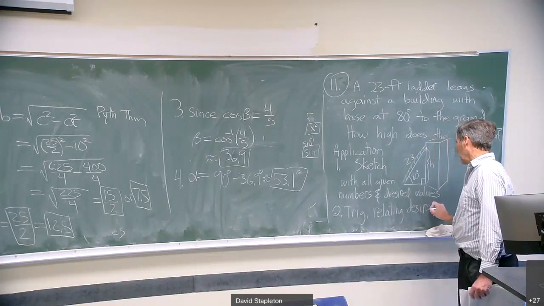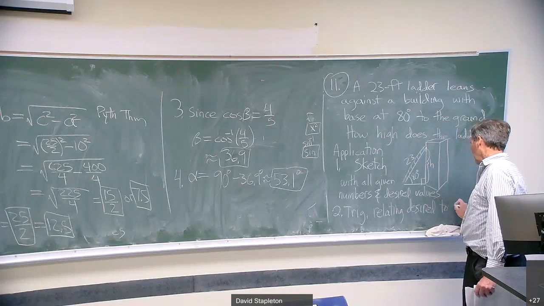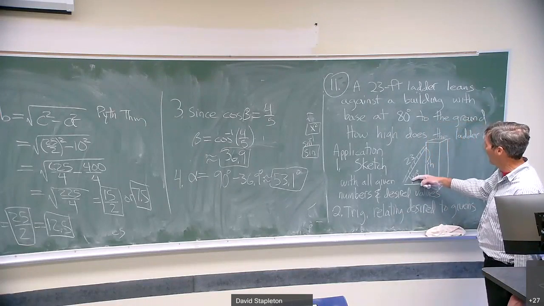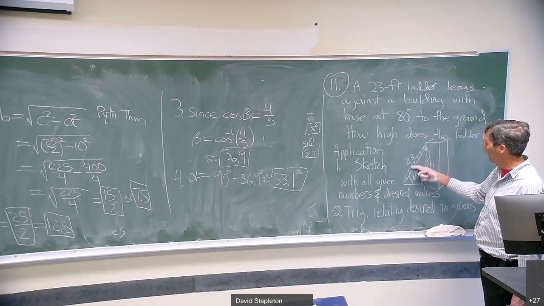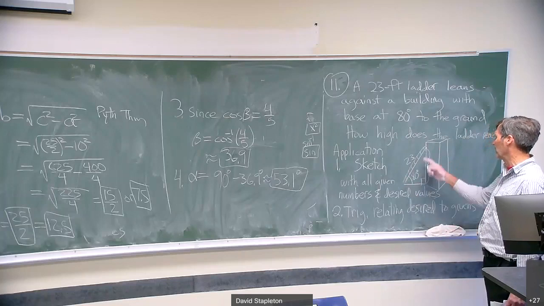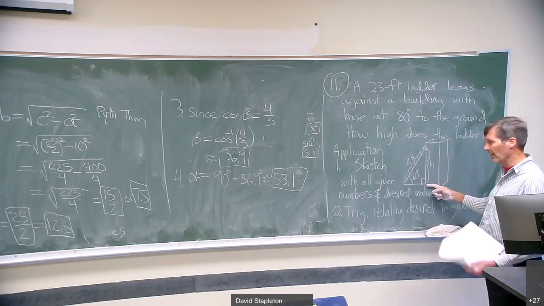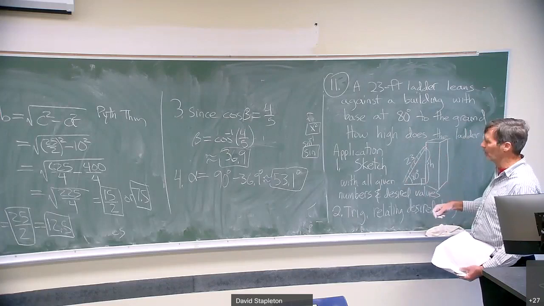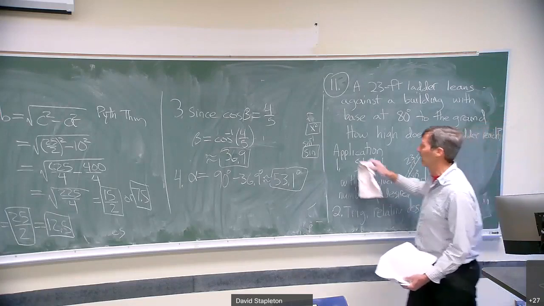What trig function does that? I have an angle and its opposite and its hypotenuse, so I have to use sine, right? Opposite over hypotenuse. I can also use cosecant, hypotenuse over opposite, but then cosecant isn't on the calculator, so I have to do 1 over sine to get it anyway. Let's just start with sine.